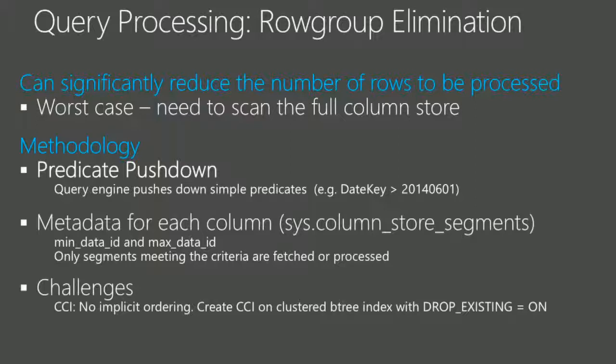Yes, if there are multiple delta stores created, there will be some mumble jumble, but at the end of the day it will be pretty much sorted. And this row group elimination is your friend. In fact, we will provide information when you run the query on how many row groups were eliminated. If you are seeing row groups are not getting eliminated and you want them to be eliminated, this is a step to see why it is happening. Okay, something to watch out for. Very, very critical for performance of ColumnStore.